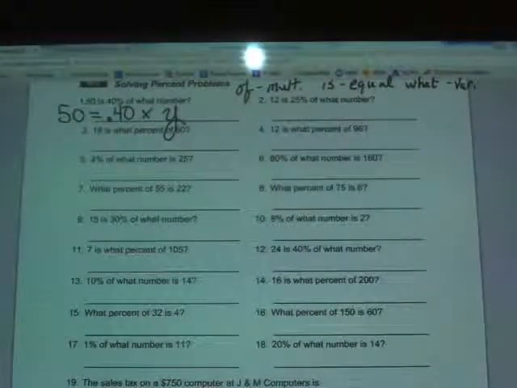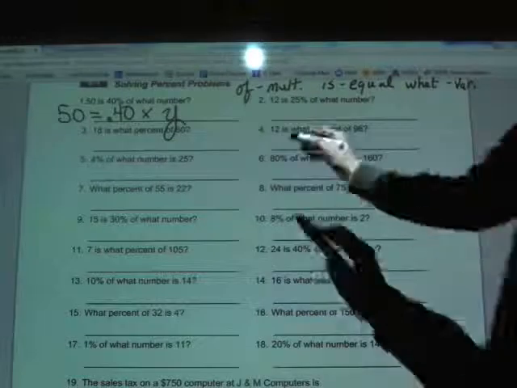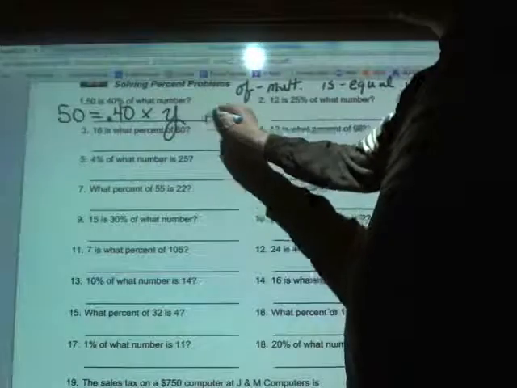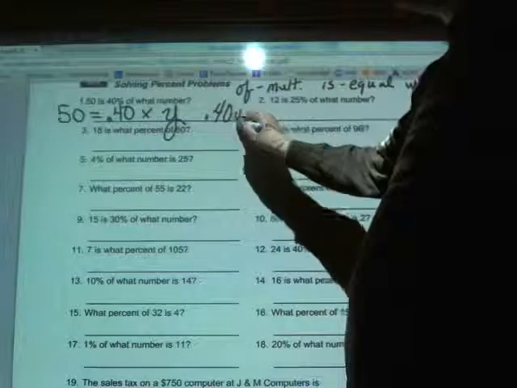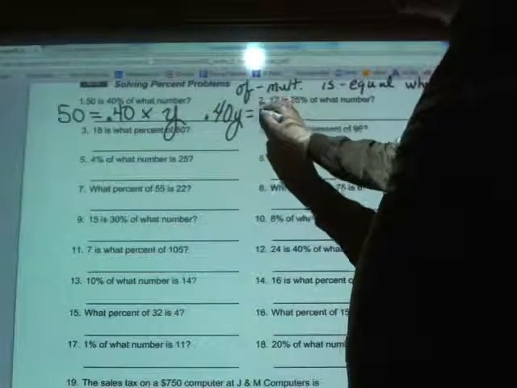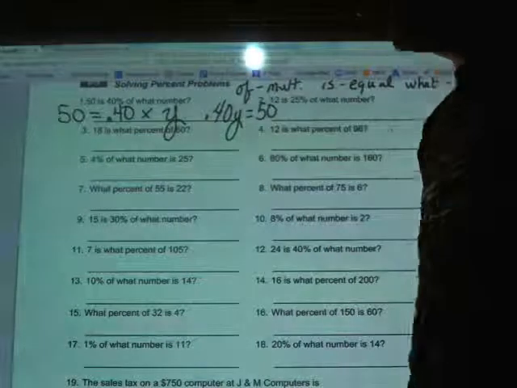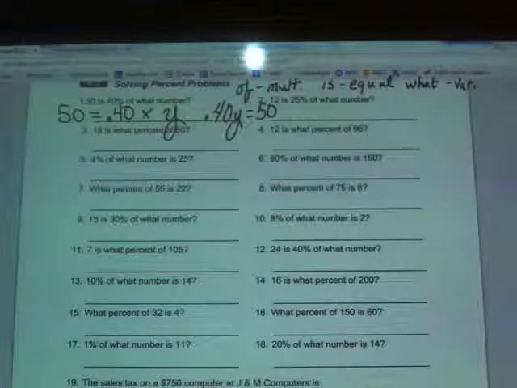Now, you know from our solving processes and solving one-step equations, we would never do that because the variable's on the wrong side. But if I flip this around and clean it up, it's going to say 0.40 times y, or 0.40y, equals 50. Solve the equation. Well, keep the variable y on the left, keep the 50 on the right. That means 0.40 being a number, that's the guy that's got to go to the opposite side. How do we solve an equation?